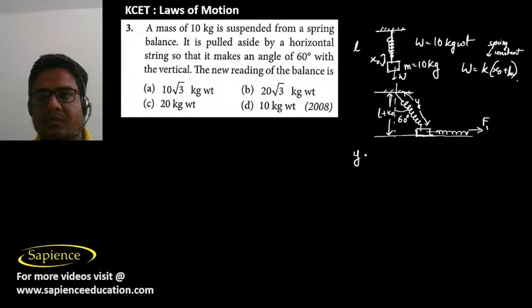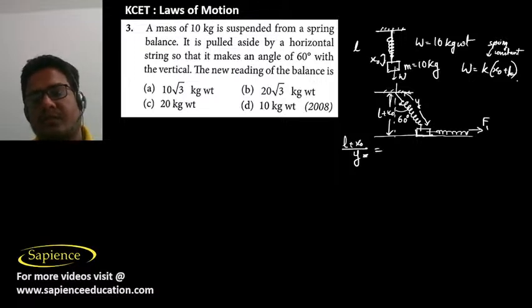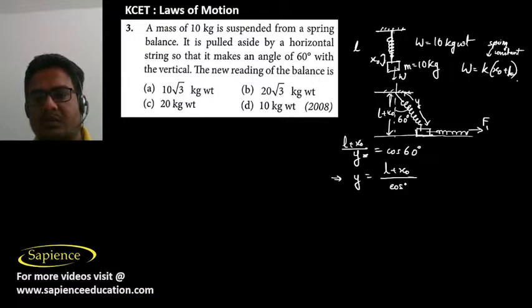So we know that (L plus X naught) by Y, that is base by hypotenuse, is equal to cos 60 degrees. Therefore Y will be equal to (L plus X naught) by cos 60, which is half.